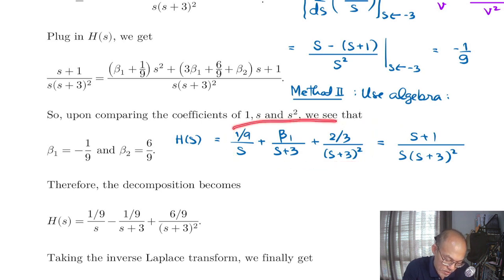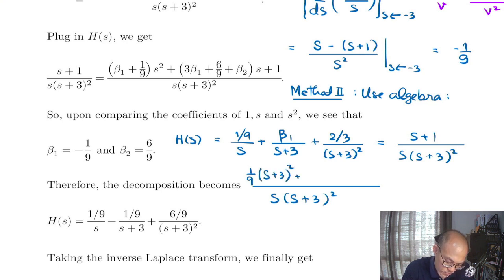So I'm going to combine these 3 terms into one big term. The left-hand side would be s times s plus 3 squared, and the first term would be 1/9 times s plus 3 squared.